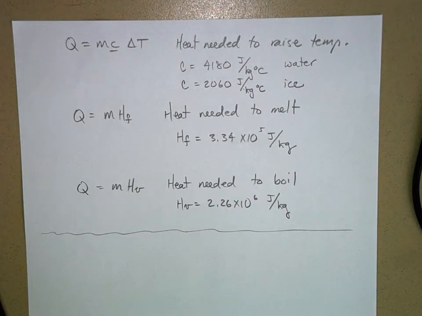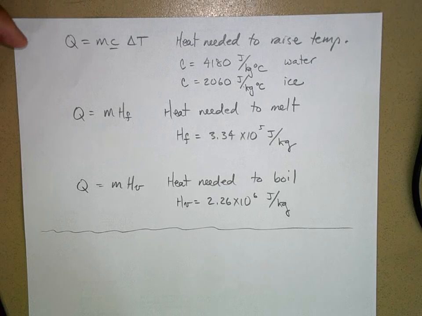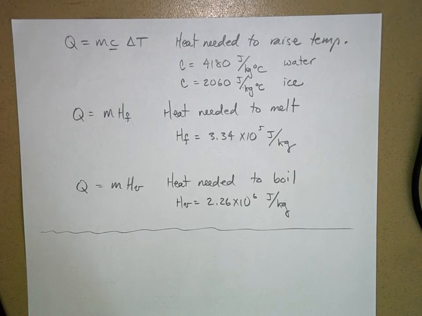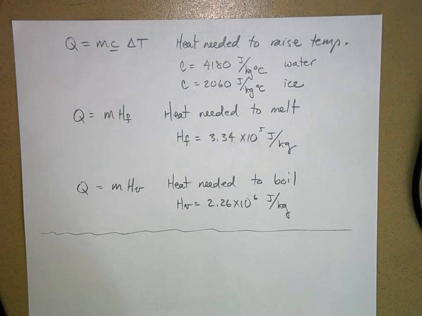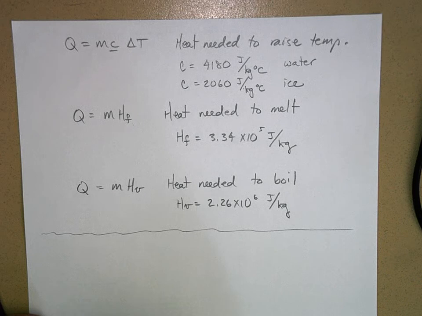So we can use this to figure out how much heat is needed to make certain changes. Now, one of the things this school uses is we use ice to keep our school cool during the hot days. And so right now, the cooling system is turned on for our school.